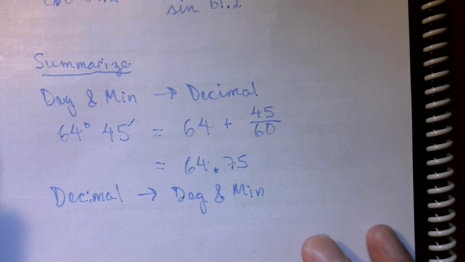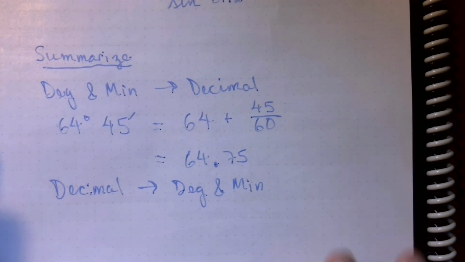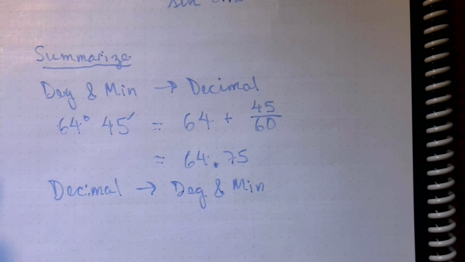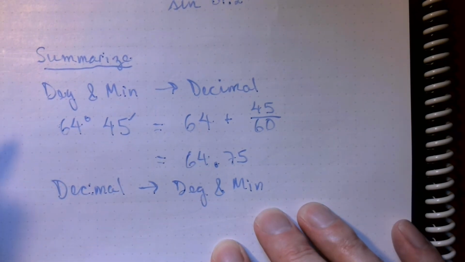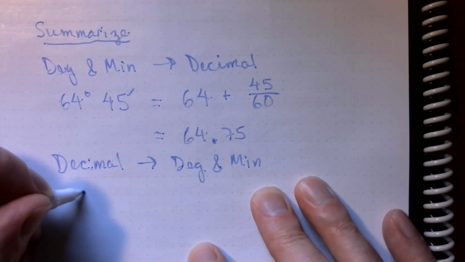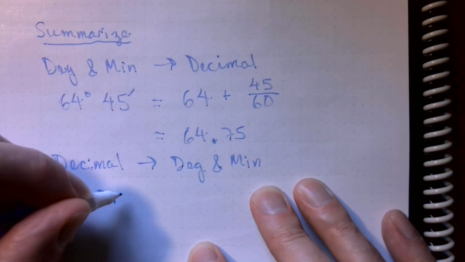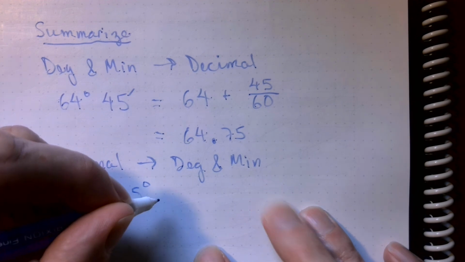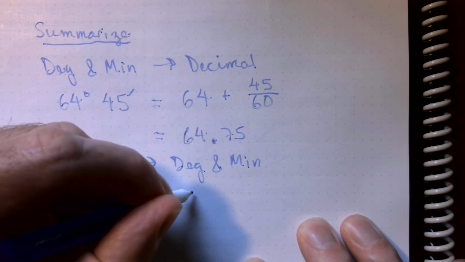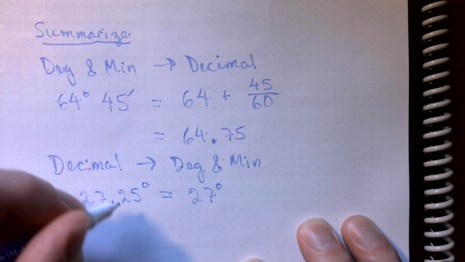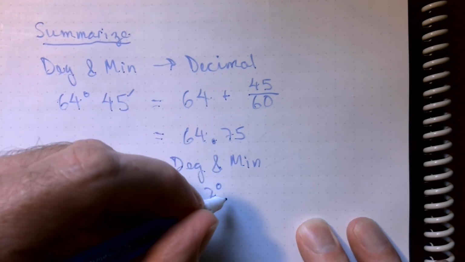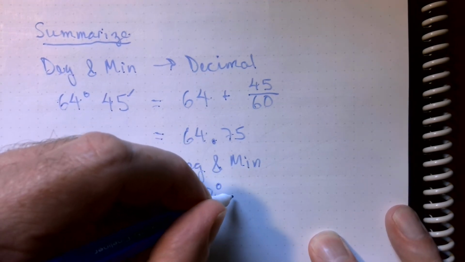Okay. If I've got the decimal degrees, I can go backwards. And here's what I do. If I take the decimal degrees, let's say 27.25 degrees, this is equal to 27 degrees. Now 0.25, here's how I get the degree part.